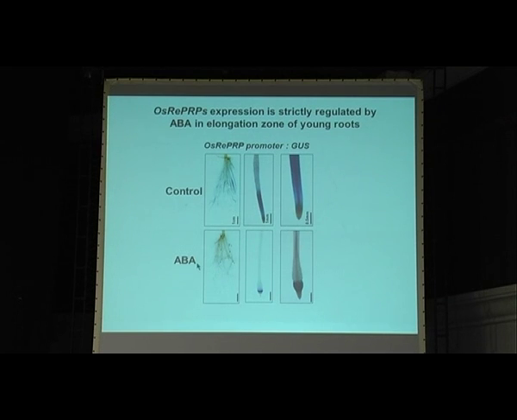But if you treat the transgenic root with ABA or stress, you see those tiny dark blue spots. If you use lower magnification, and if you use higher magnification, you see the blue region is concentrated in the elongation region. The other region, actually, you don't see a whole lot of expression.